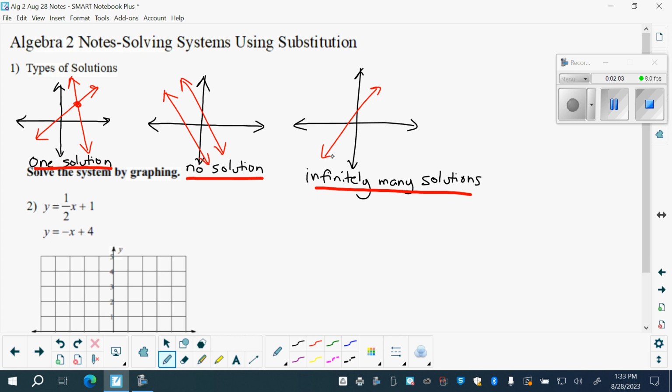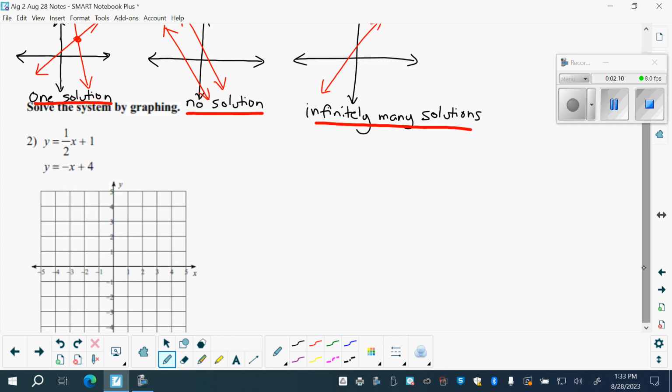So I'm just giving you a visual here of what we're doing today. For the next part, I want you to graph those two lines. When we graph this line, 1/2 x plus 1, we start with the y-intercept of 1. And then our slope is 1/2. So where do we go from there? Up 1 and to the right 2. Up 1, right 2.